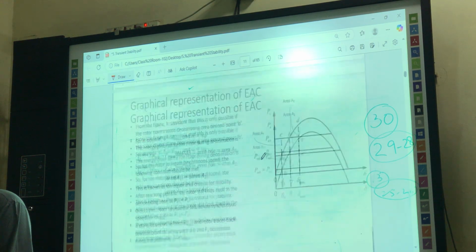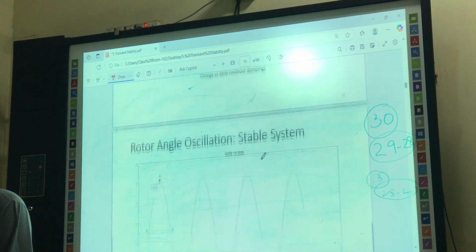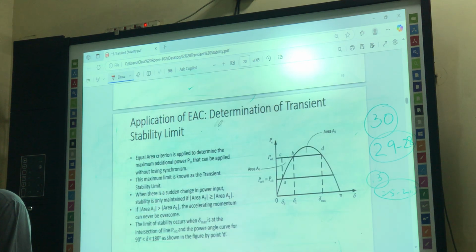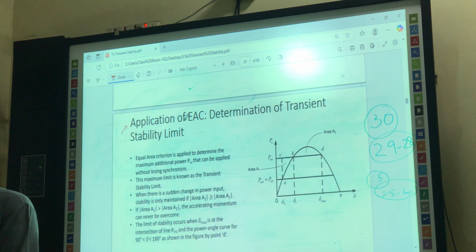So we can begin with this slide. This is the determination of transient stability limit, and this is one kind of application of ESC. How we will find the transient stability limit is the main job of today's class.